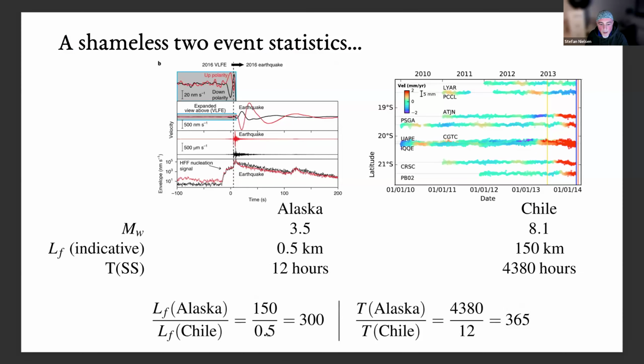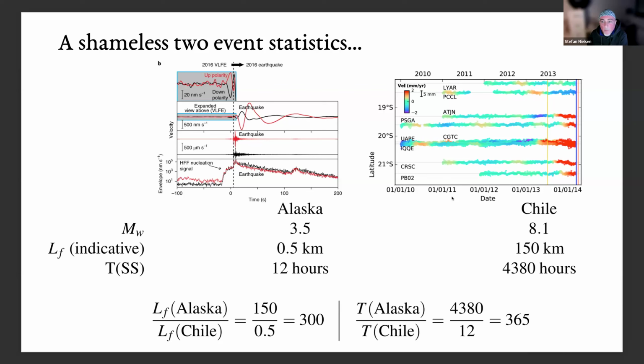Okay, so just for fun, I took these 2 events, which were the Alaska earthquake of magnitude 3.5 and the Chile earthquake of 8.1. And I said, if my model is somehow correct, then the scaling of the final fault size, which for a magnitude 3.5 would be about 500 meters, to the time should be the same.